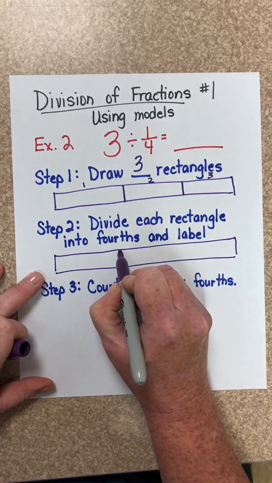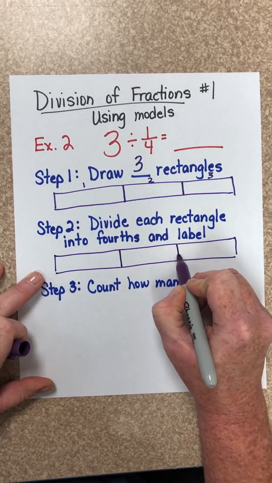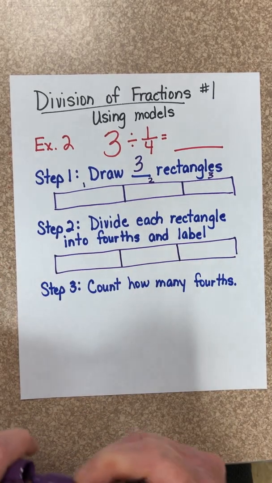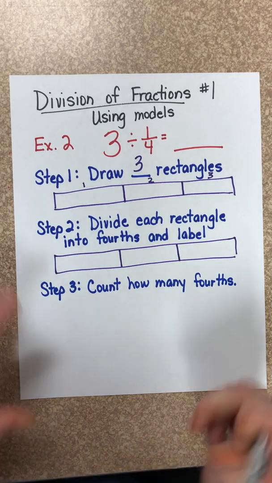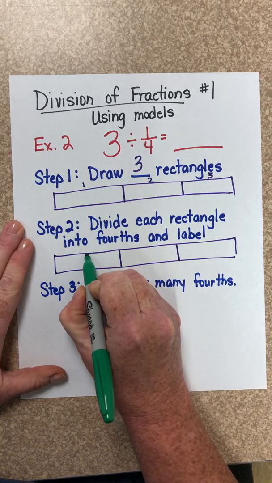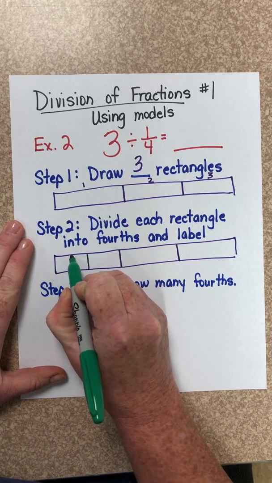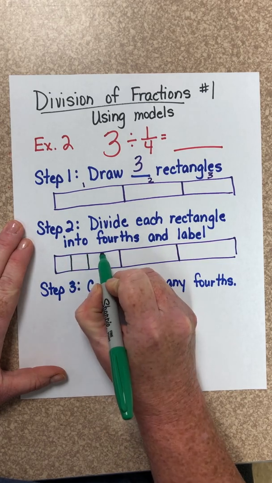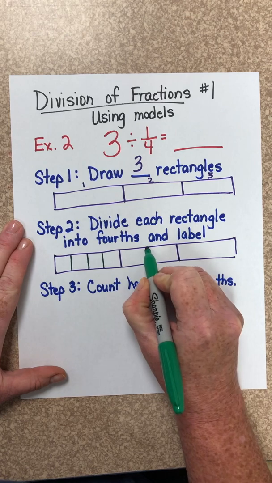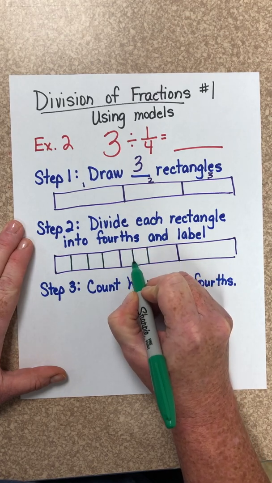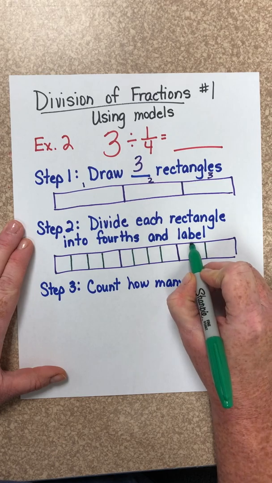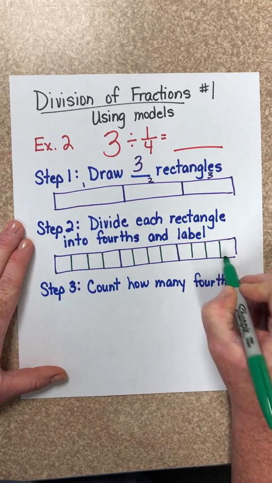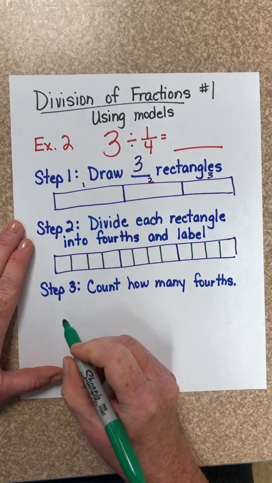So let me draw this again. We're starting off with our 3 rectangles. This time, we're going to divide each rectangle into fourths. So I'm going to start here and make halves, and then fourths. Half, then fourths, half, then fourths. And now let's label them.